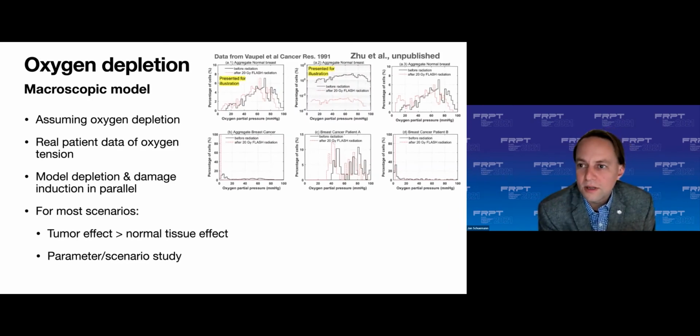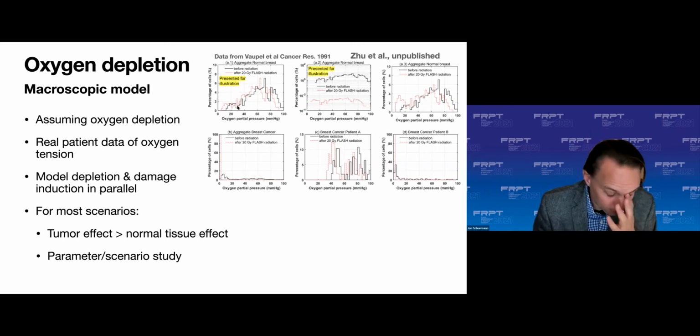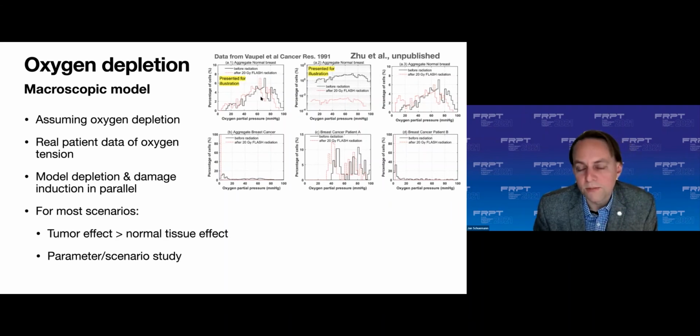Hongyi Zhu did a very interesting macroscopic study on oxygen depletion, where she looked at data from Vopel et al. That had actually aggregate measured the oxygen tension in different patients for normal breast and breast cancer, and here for 2 specific breast cancer patients. And then if you assume some parameters for your oxygen depletion, you can get a depletion of oxygen.